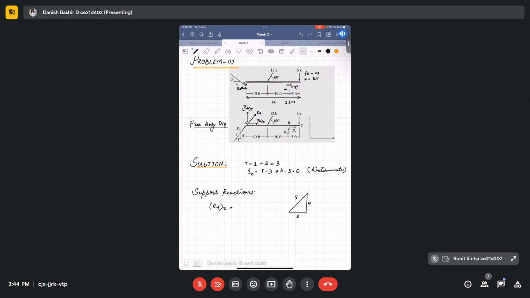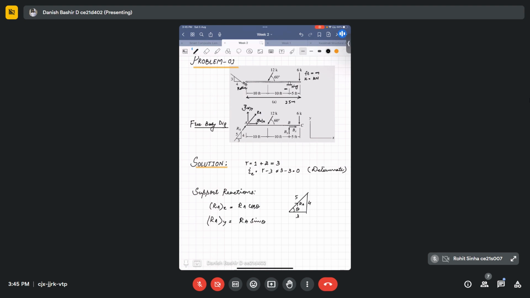So if RA is acting like this, RAX will be equal to RA cos theta, and RAY will be equal to RA sin theta.